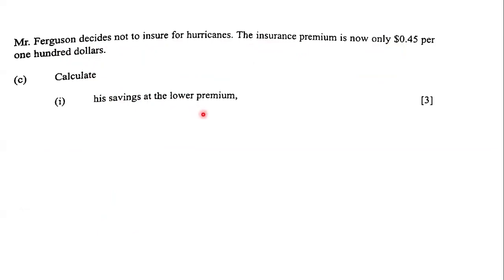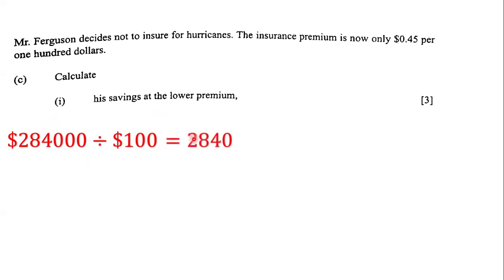And so the first thing that we have to determine is how many $100 are there in $284,000. Again, how many $100 are there in $284,000? Indeed, there are 2,840 $100 in 284,000.